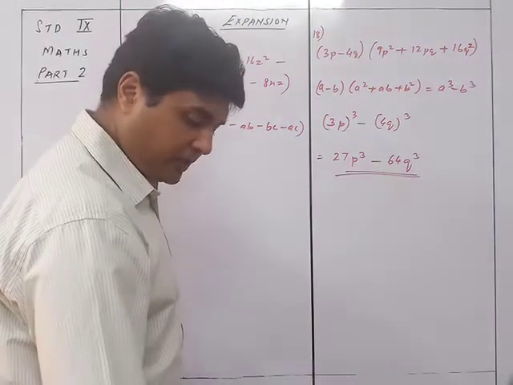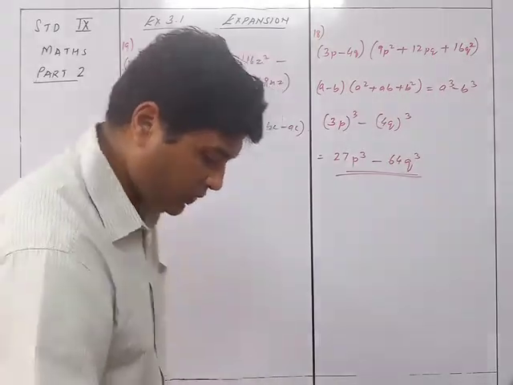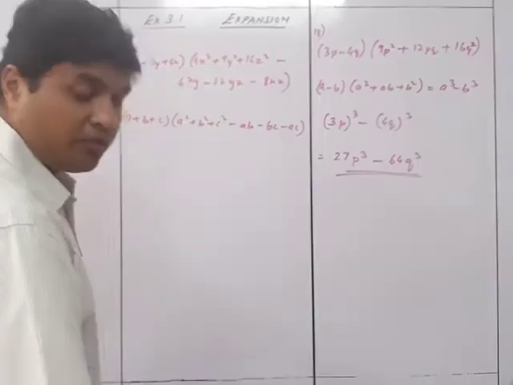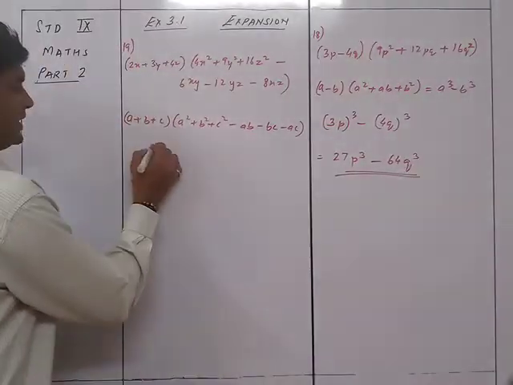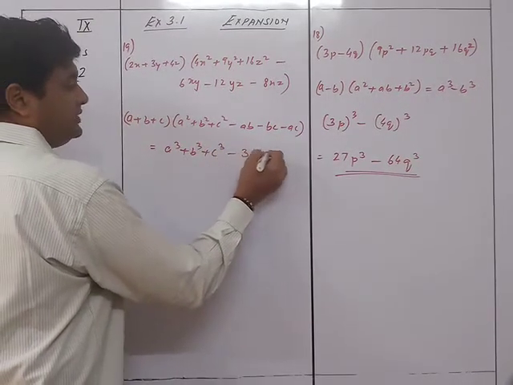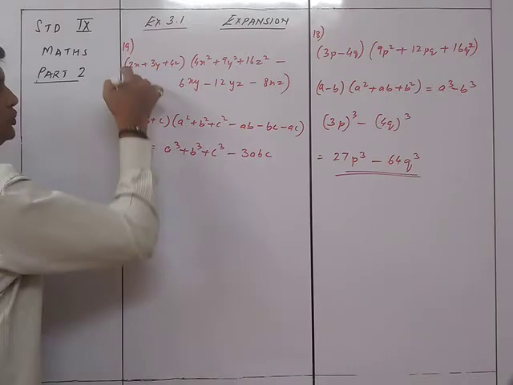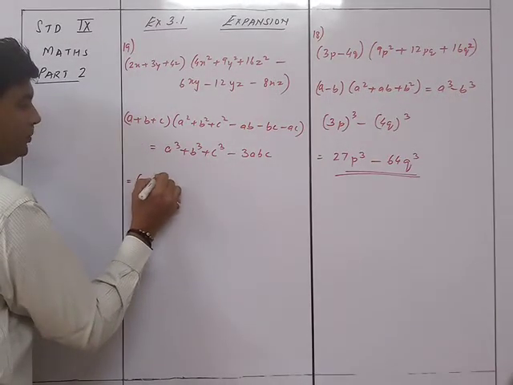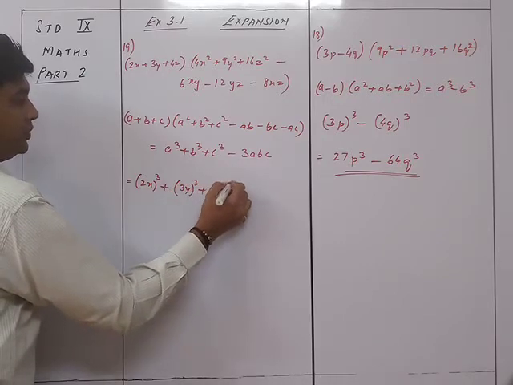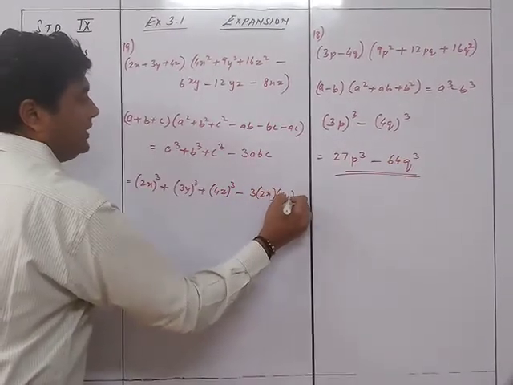Now this particular thing is a typical formula which is already given to you, a cube plus b cube plus c cube minus 3abc. That was formula number 13. So you just change this thing accordingly. a is 2x, so it will be (2x) the whole cube plus (3y) the whole cube plus (4z) the whole cube minus 3 into 2x into 3y into 4z.